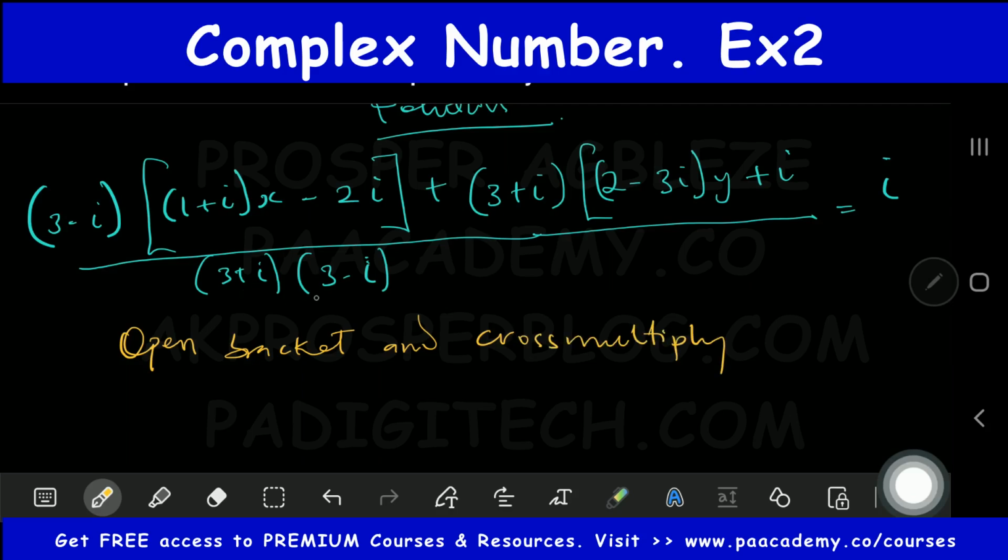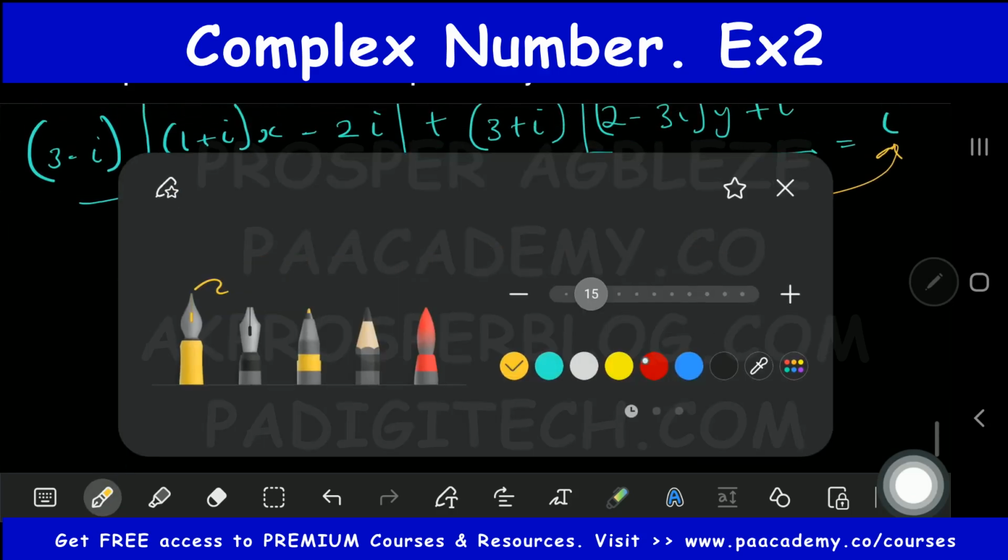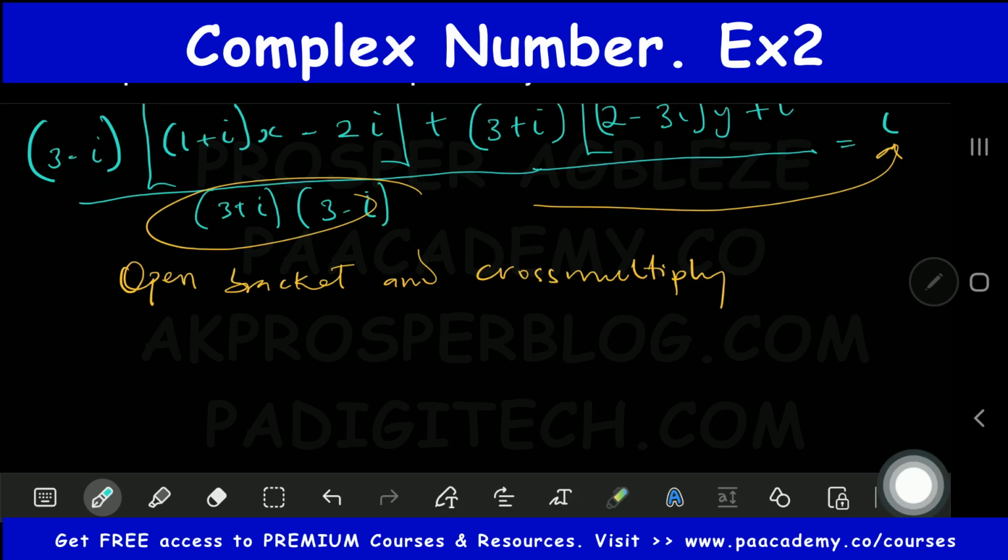Okay, so cross multiplying, that means this will come and multiply what we are having here. So if you should do this now, let's do it one step at a time. So we're going to be having 3 minus i, and then if you should open this bracket now, we are going to be having x plus ix minus 2i.